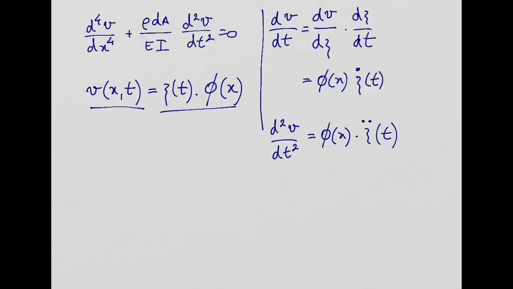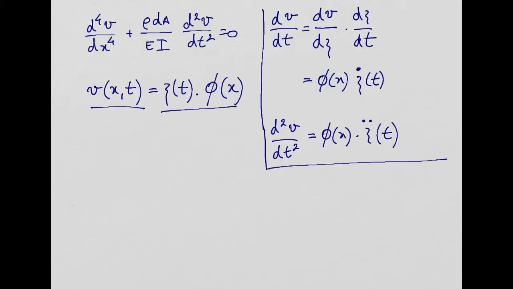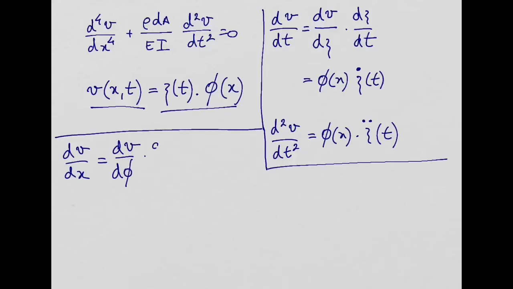So this derivative is done, the second derivative of the deflection in order to time, but we need the fourth derivative of the deflection in order to x. So let's speed up a little bit, otherwise this becomes a bit boring. We don't want that. So the first derivative I can do in the same way, the derivative of the deflection in order to phi times the derivative of phi in order to x.